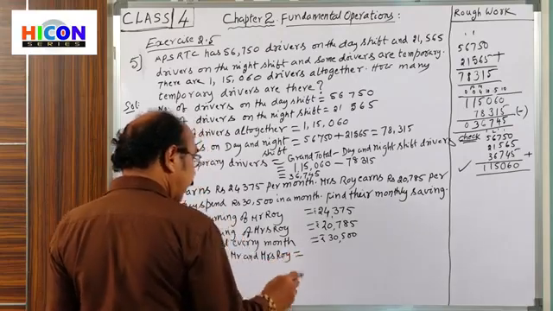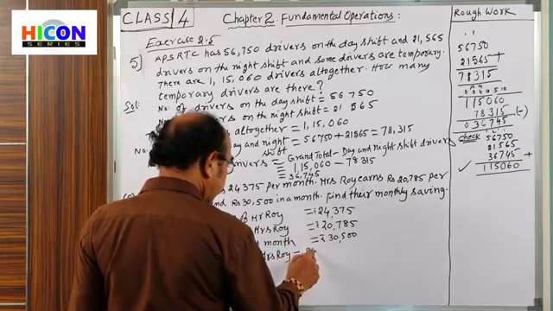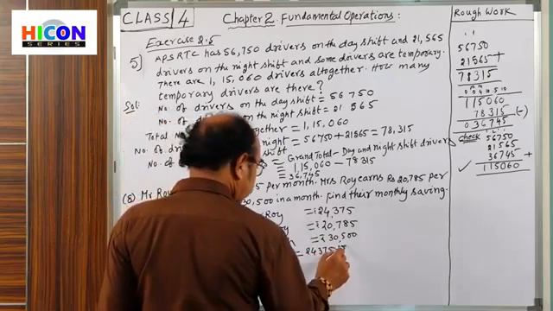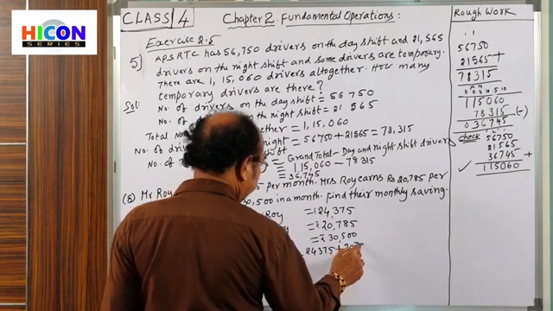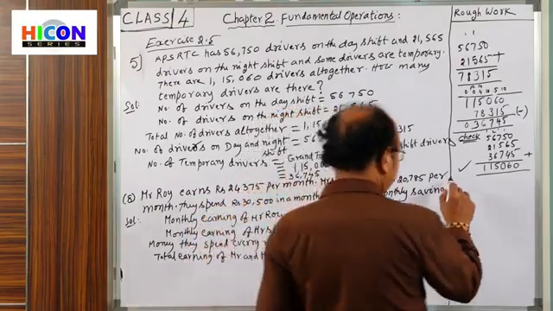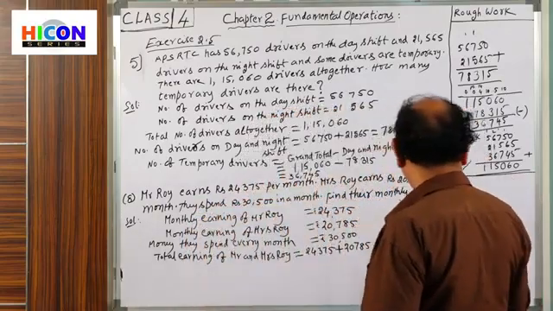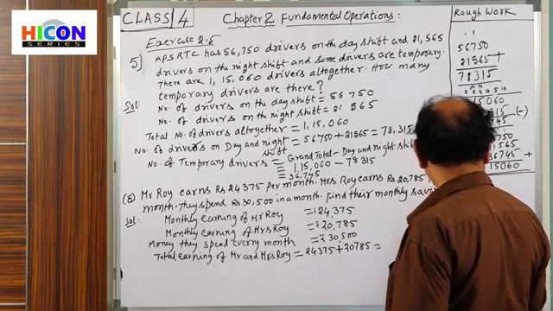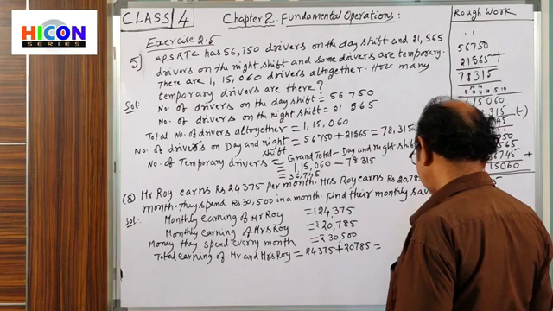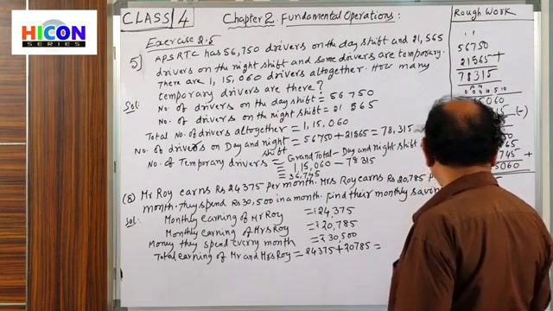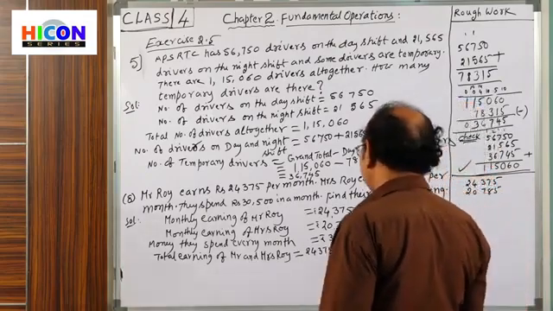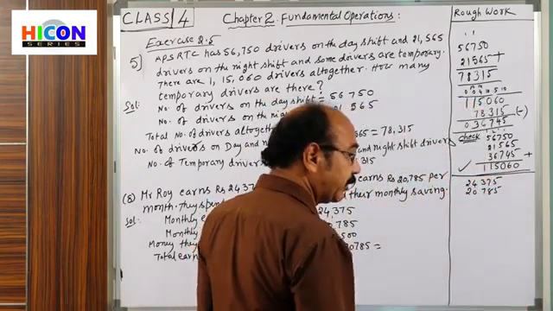That is equal to add 24,375 plus 20,785. In the margin you can show the addition. 24,375 plus 20,785. Okay, children. Add.